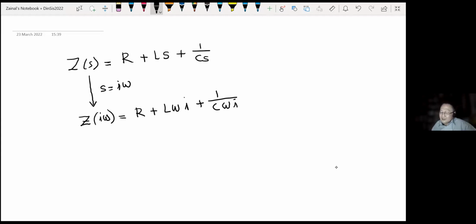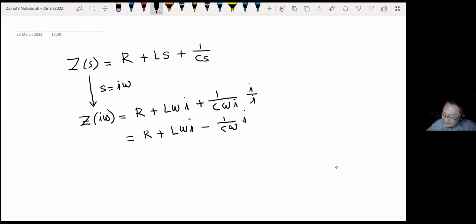Now, multiply this one by I over I. So we have R plus L omega I, and I multiplied by I is minus 1. So this one becomes minus I times 1 over C omega.